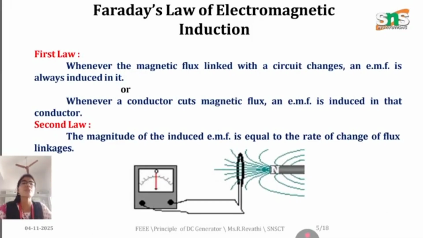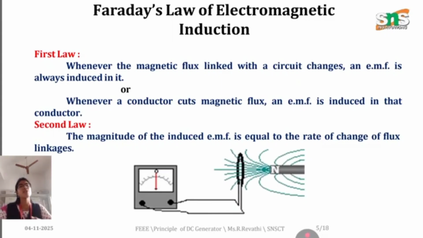Faraday's law of electromagnetic induction is the major principle employed in the working of a DC generator. It has two laws. The first law: whenever the magnetic flux linked with a circuit changes, an EMF is always induced in it. Whenever a conductor cuts the magnetic flux lines, an EMF is induced. The second law: the magnitude of the induced EMF is equal to the rate of change of flux linkage.